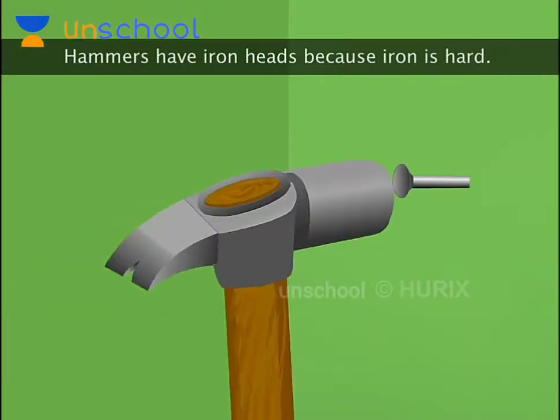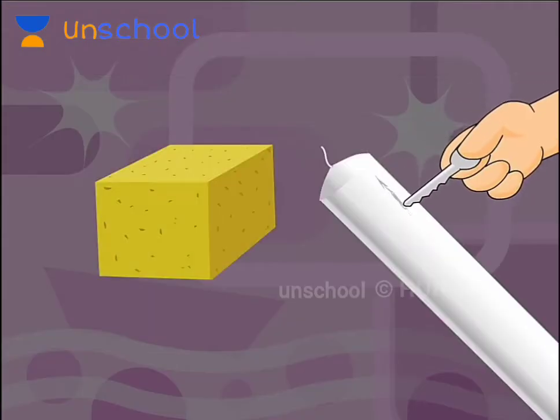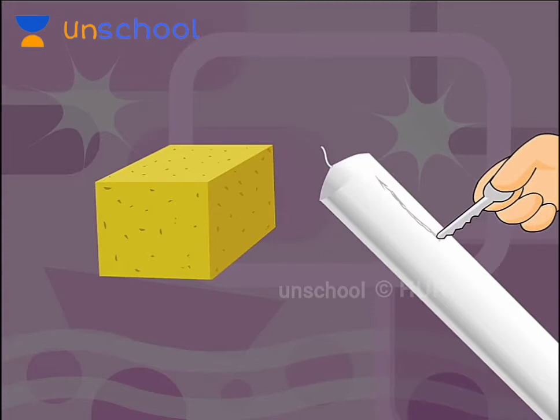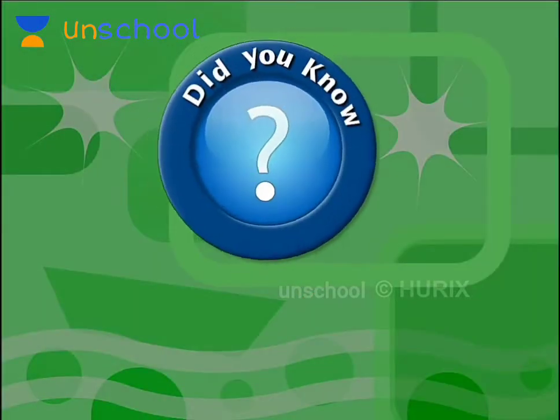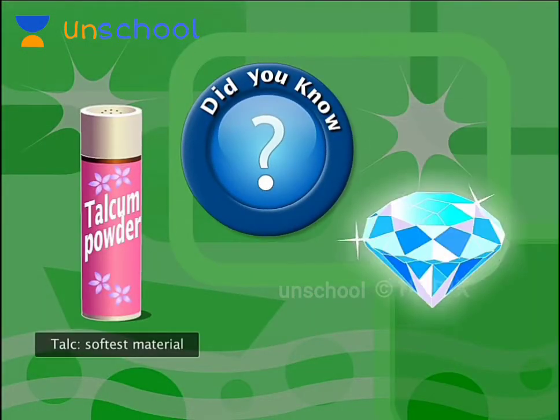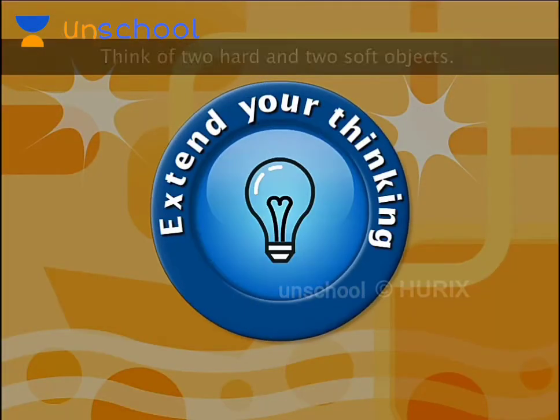That's why hammers have iron heads. Wax and sponge, being soft materials, are not suitable for use as hammers. Did you know that talc is the softest material and diamond is the hardest material known?